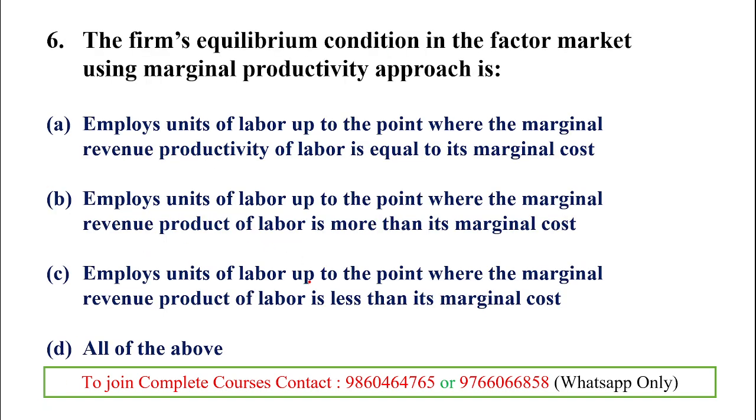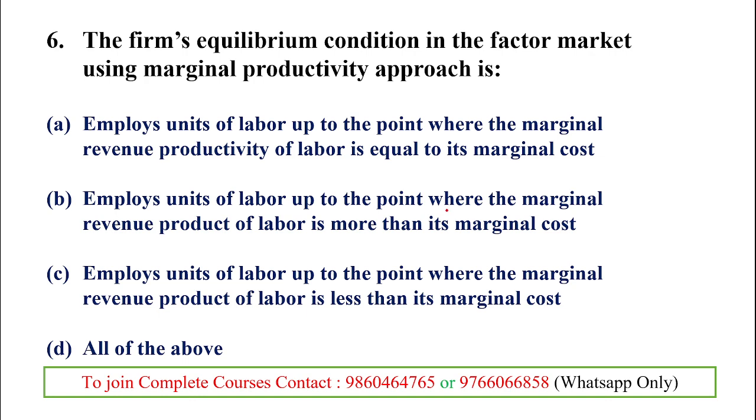Okay, and now the firm's equilibrium condition in the factor market using the marginal productivity approach. What is the equilibrium condition of the firm in the factor market? The first option: employ units of labor up to the point where MR equals MC, or productivity equals cost.